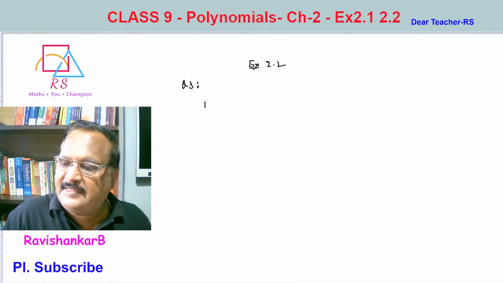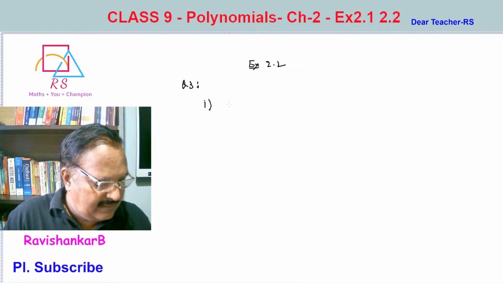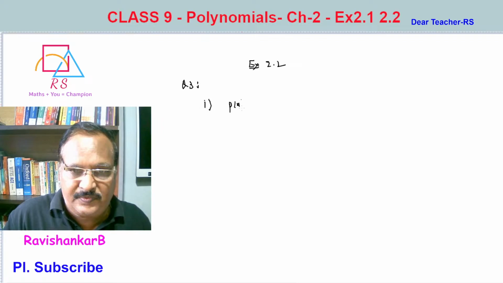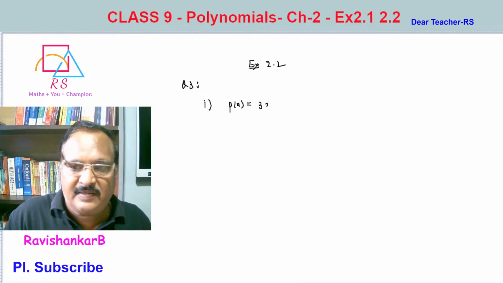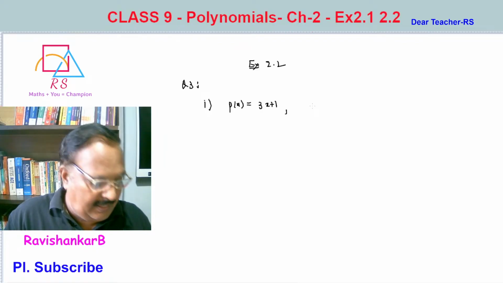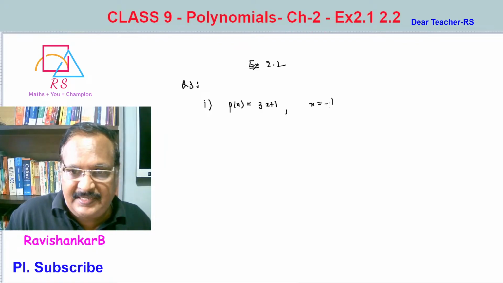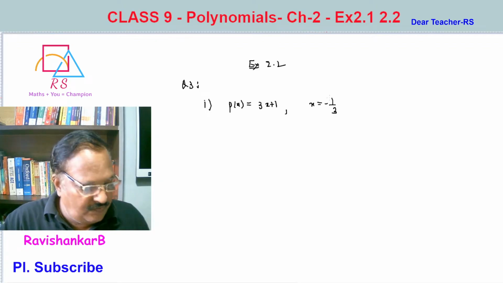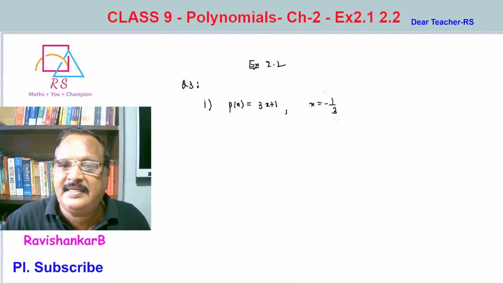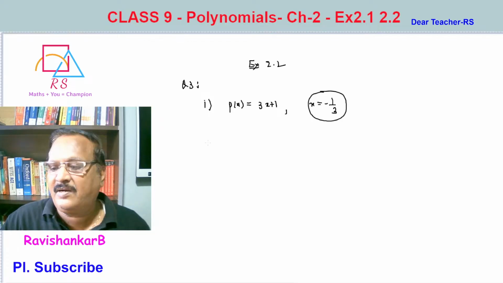So he has already indicated against them: p of x is equal to 3x plus 1 and x is equal to minus 1 upon 3. Now you have to verify whether this is the zero of this polynomial or not.